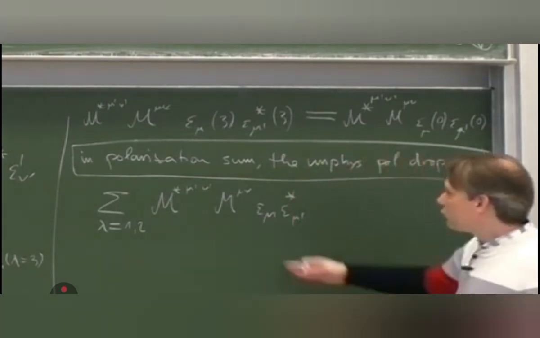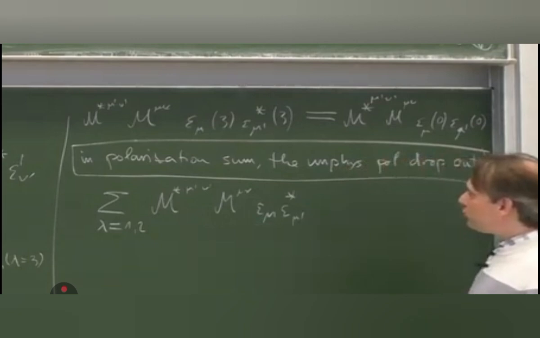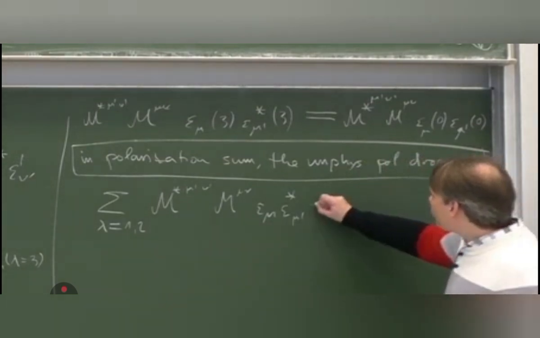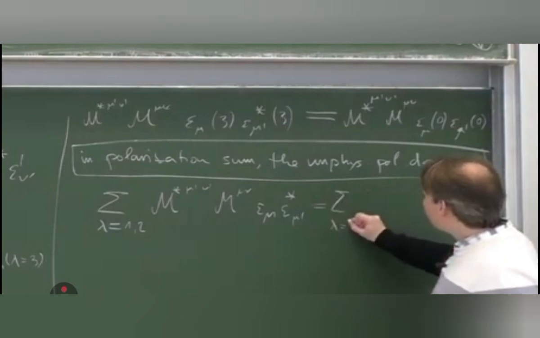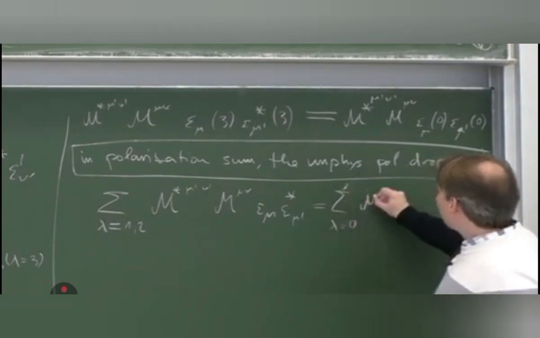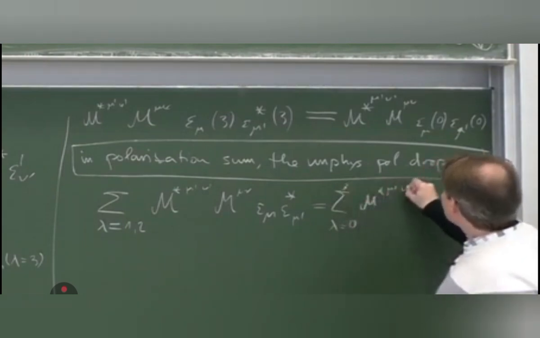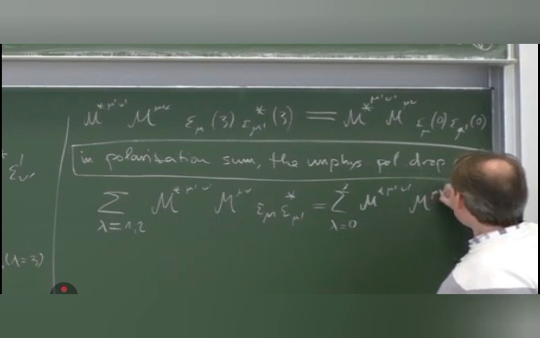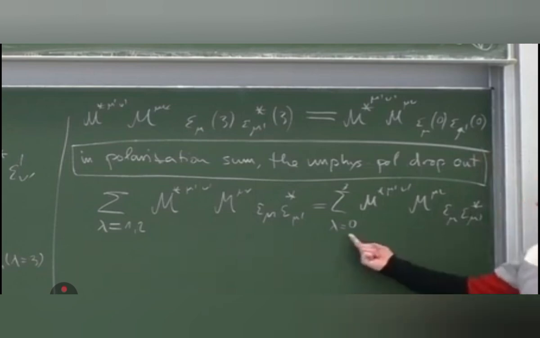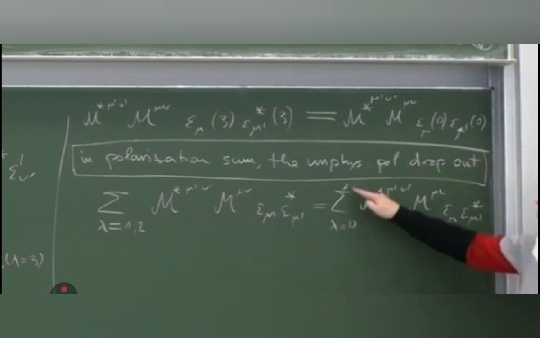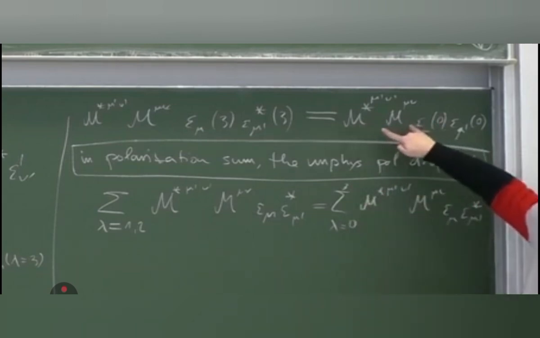And it's sufficient to do it only for one photon, and for the other one it works in the same way. That is the same as if we take the sum over lambda from 0 to 3 of the same expression. Okay. So if we sum from 1 to 3, then the 0 and 3 components are the same.